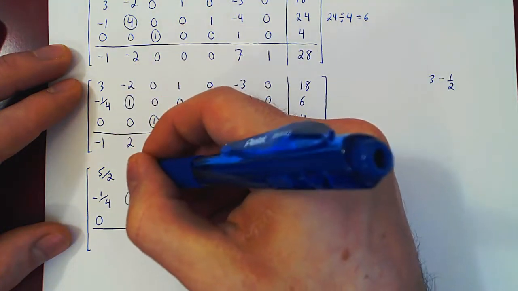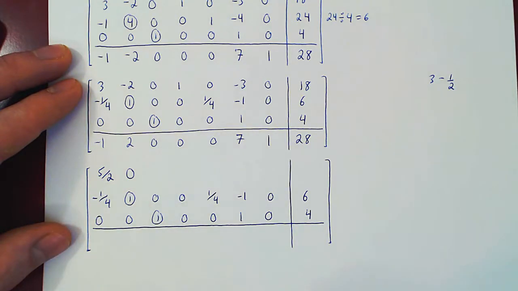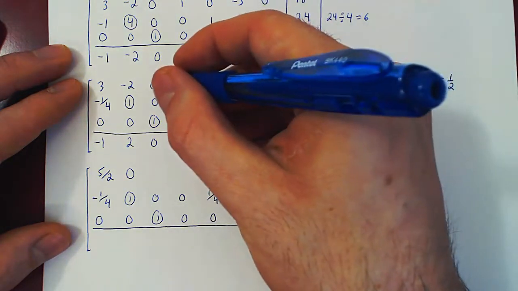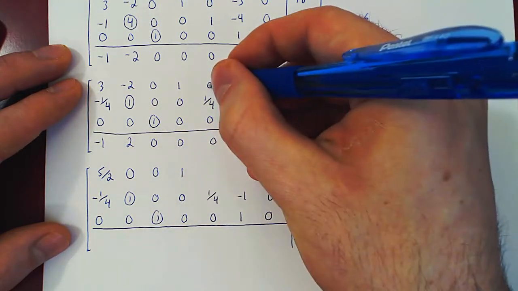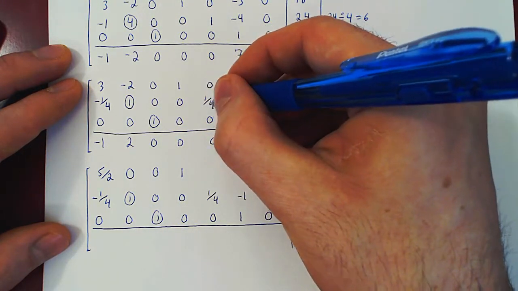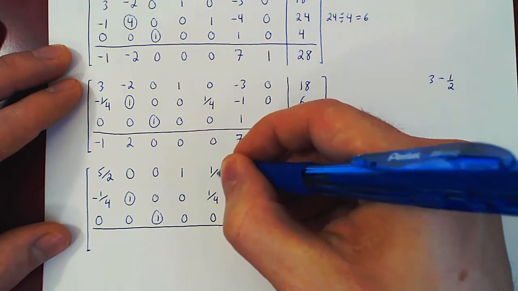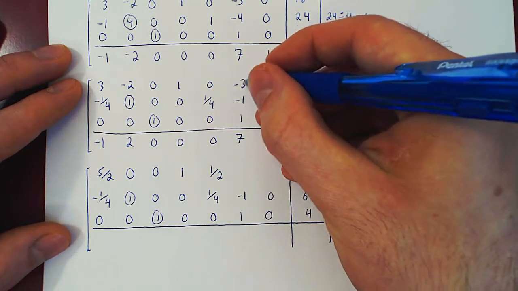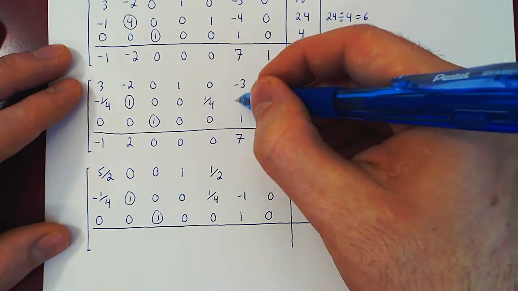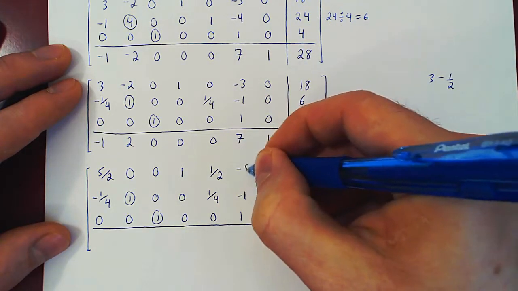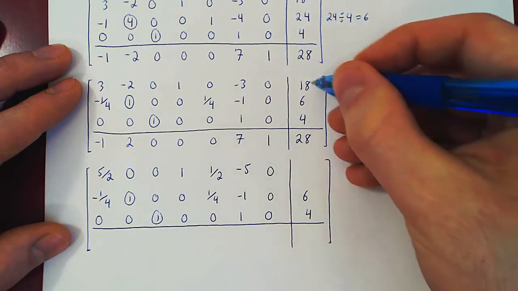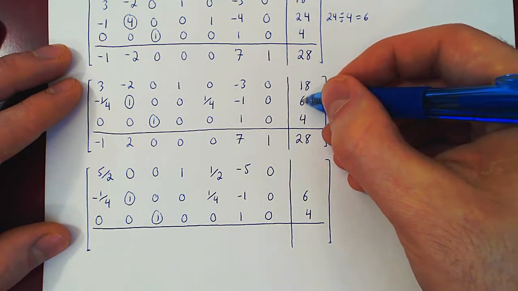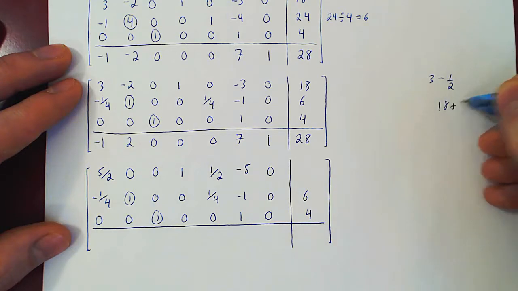-2 plus 2 is 0. 0 plus 2, 0. 1 plus 0, 1. 0 plus 2 times 1/4 is 0 plus 1/2, 1/2. -3 plus 2 times -1 is -2, -5. 0 plus 0, 0. 18 plus 2 times 6 is plus 12, which gives us 30.